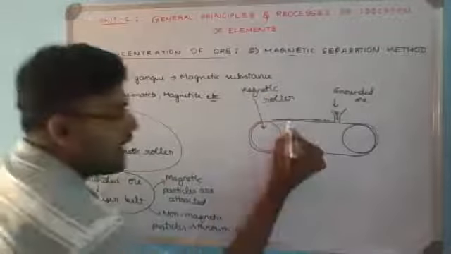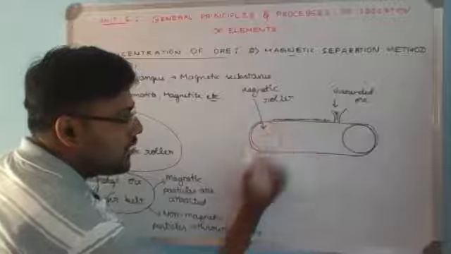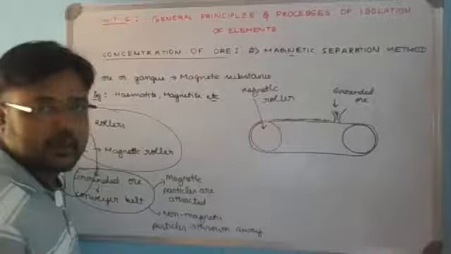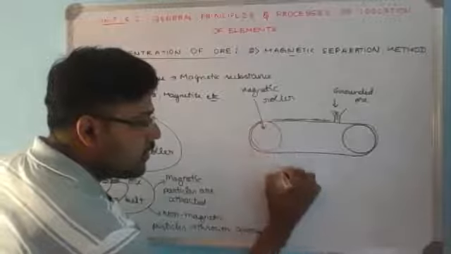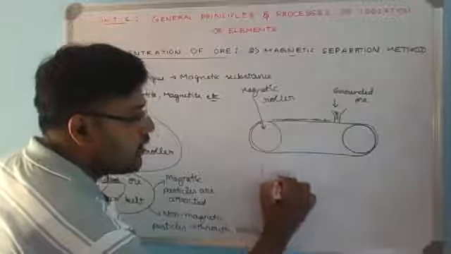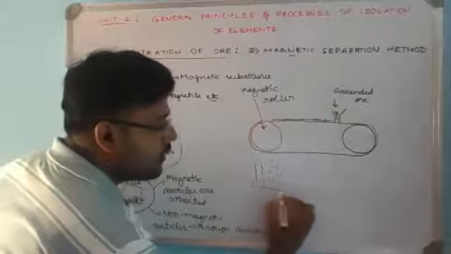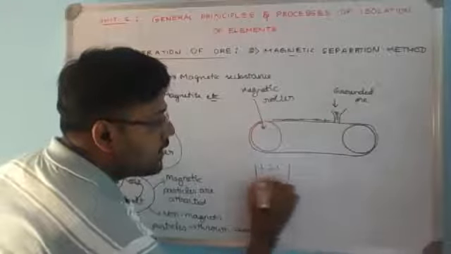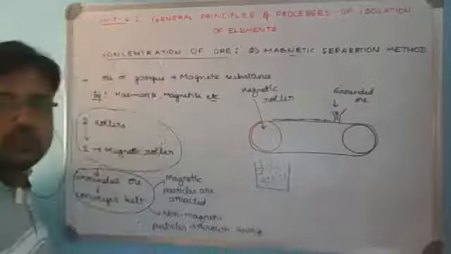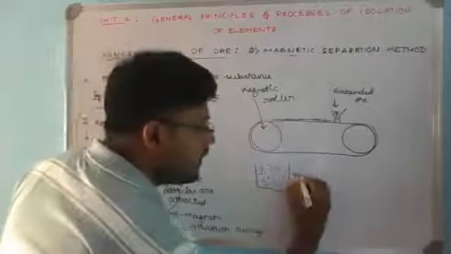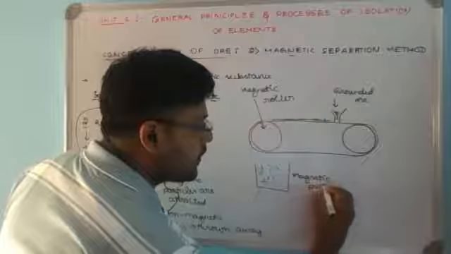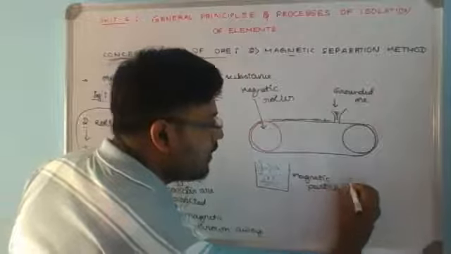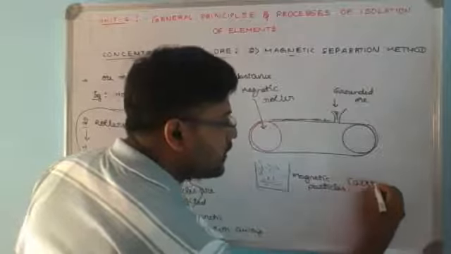Once the particles move on the conveyor belt near the magnetic roller, they will be attracted. Consider this fraction which is collected now; it contains magnetic particles which are attracted towards the roller.